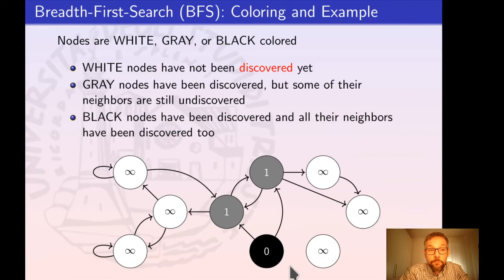Okay. So in the BFS visit, we have 3 kinds of nodes. The first kind is white nodes, which haven't been discovered by the visit yet. So here you can see the value labeling these nodes is useless, because since we haven't visited them yet, I don't know the distance from the source to them.